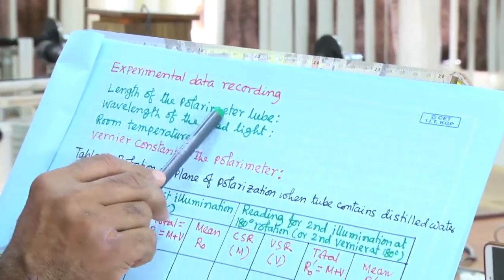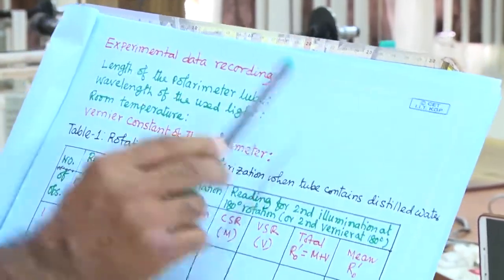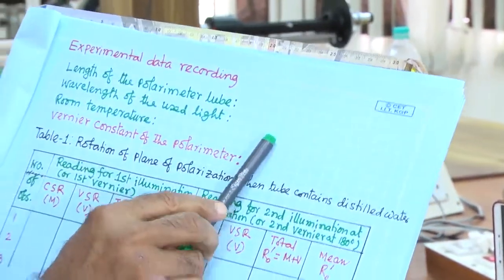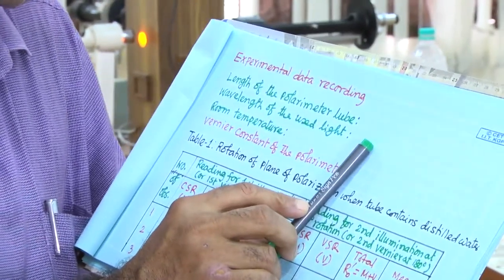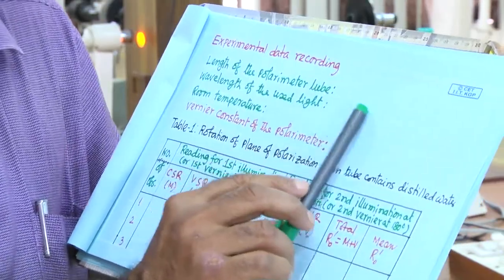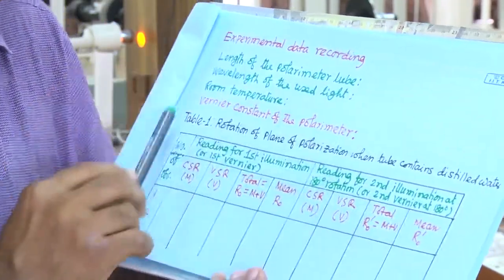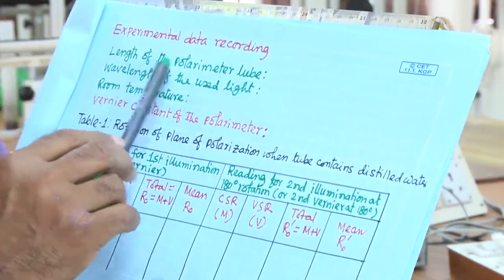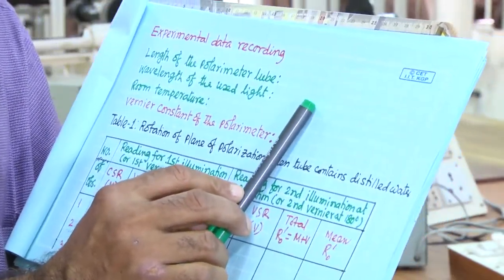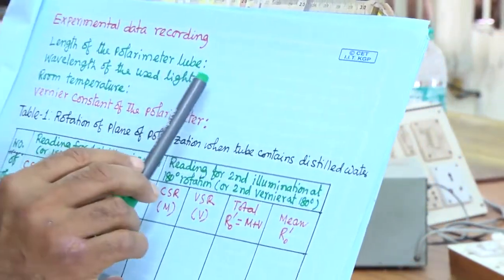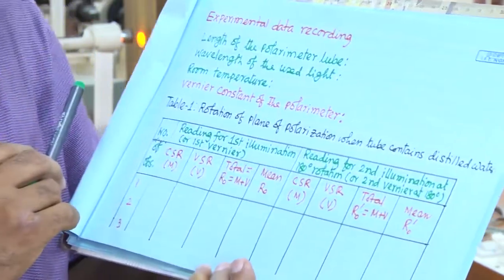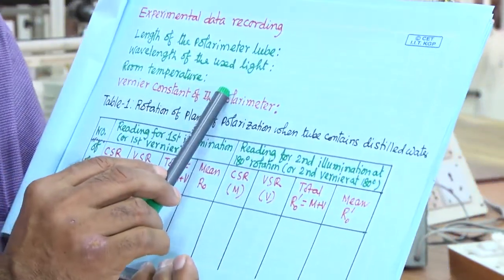The length of the polarimeter tube is given, or you can measure it using the scale, and you should write that. Wavelength: whatever you use, here we will use sodium light, 5893 angstrom wavelength. Room temperature you should note down.